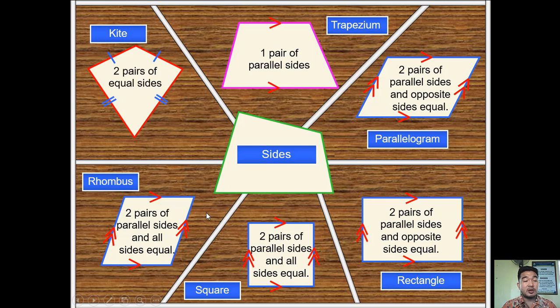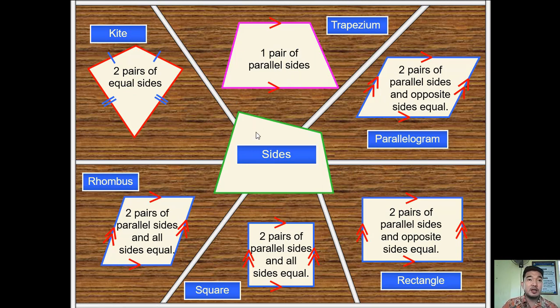Sa kite naman, we have two pairs of equal sides, but these two pairs must be adjacent sides. When we say adjacent sides, magkatabi. Okay? So these two sides are adjacent and they are congruent. These two sides are also adjacent and they are congruent. So basically, these are the properties of parallelogram according to sides.